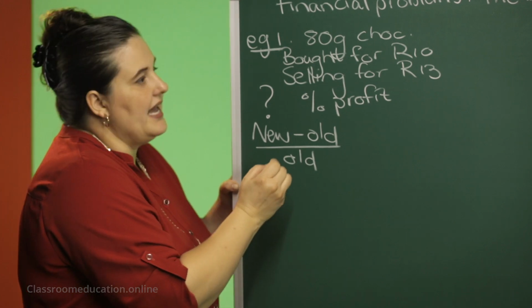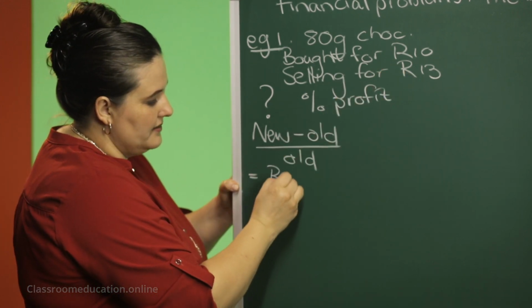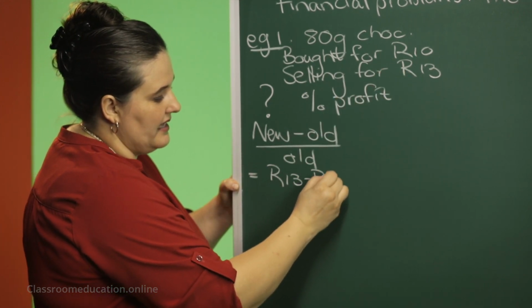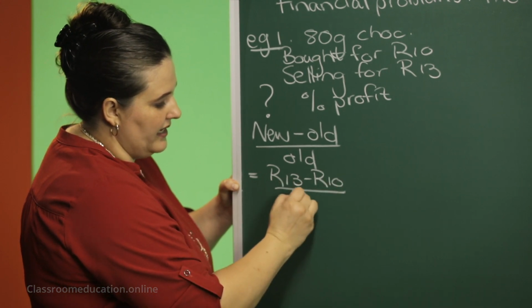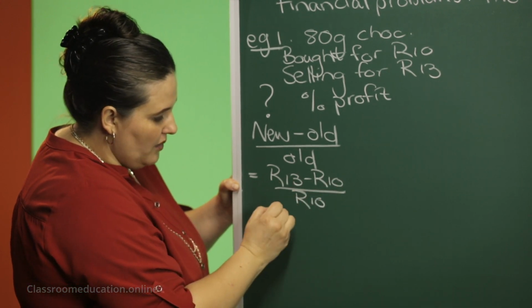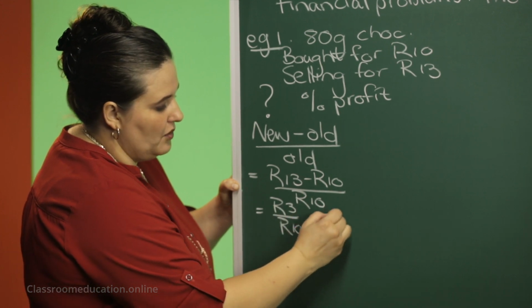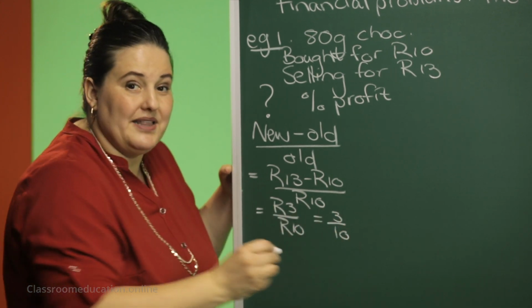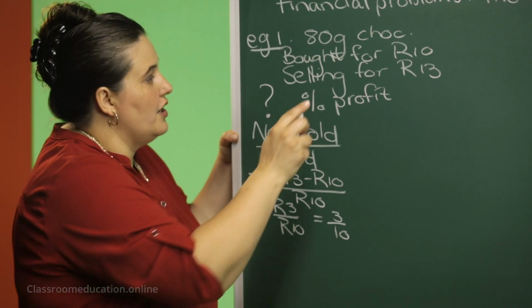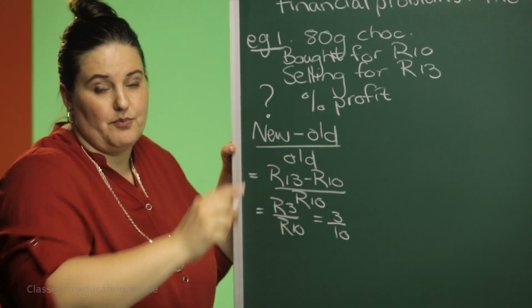So we will have 13 rand minus 10 rand, divided by 10 rand. That will be 3 rand divided by 10 rand, which is 3/10.